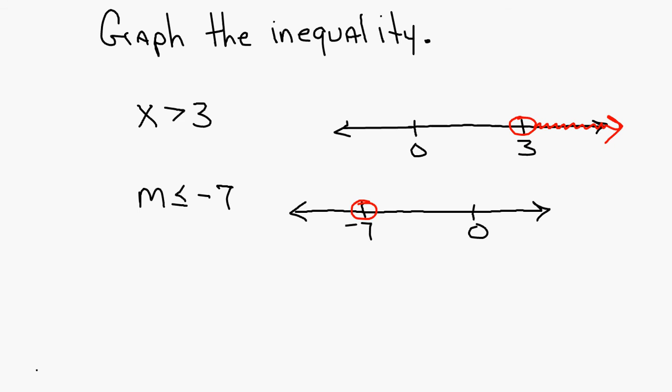So it's closed on the negative 7. And you're graphing everything less than or equal to negative 7. So that's everything going to be on this side, the left side of negative 7. Okay? So, when the variable is on the left, you can shade the direction that the arrow is pointing.